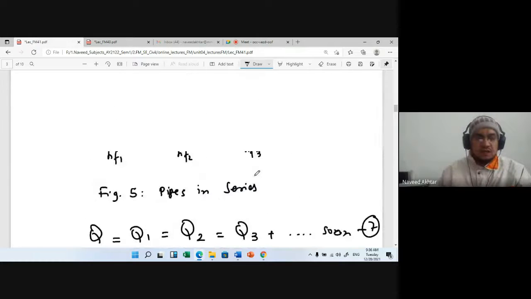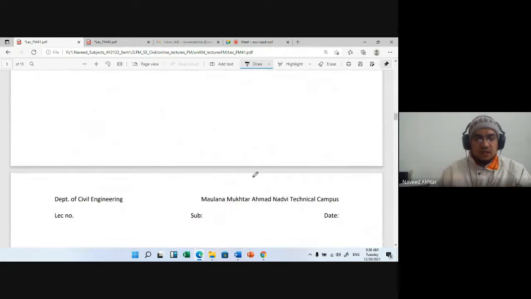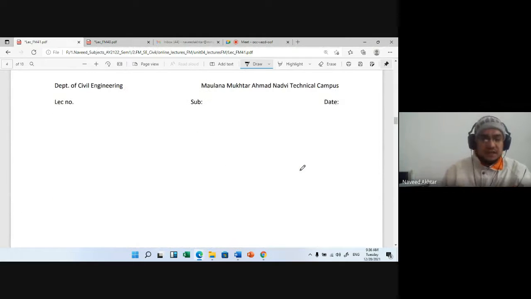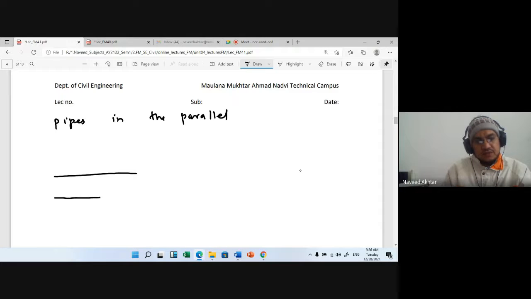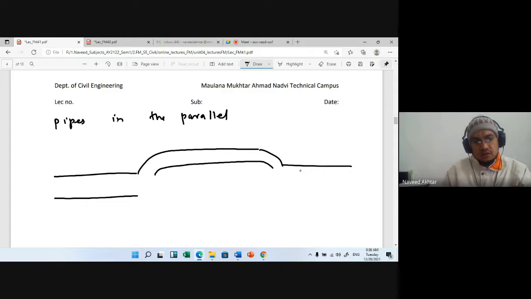Now if you see pipes in a parallel system, one pipe is flowing and then suddenly the discharge is divided into two pipes.